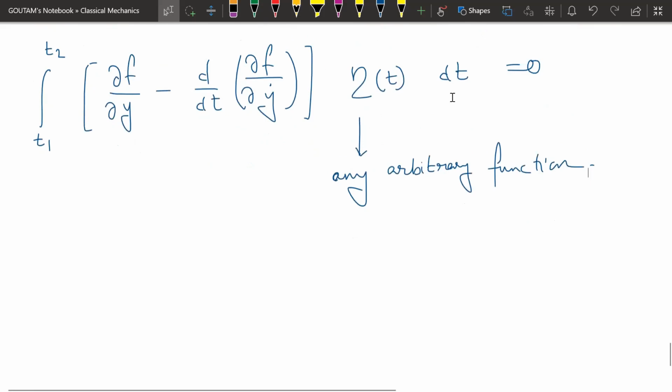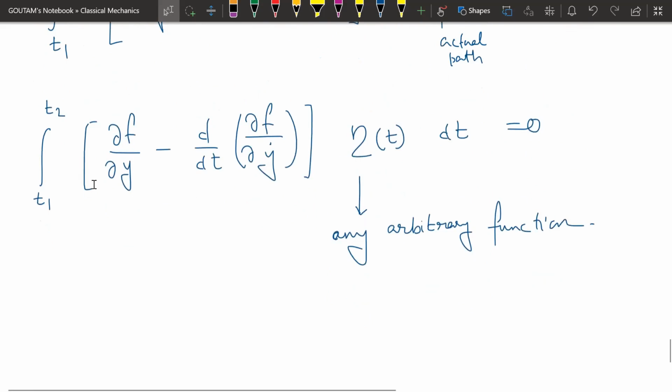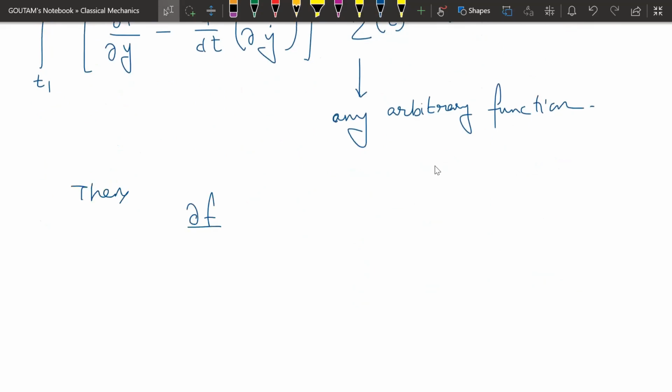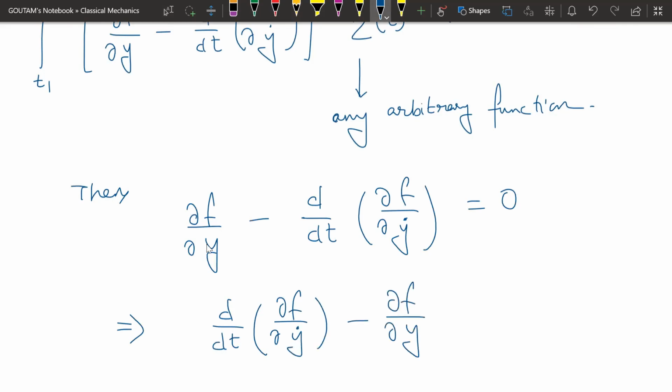Eta is a free arbitrary parameter, so the term inside this integral must be 0 to get the entire integral 0 for all values of eta. Then del f del y minus d/dt of del f del y dot must be 0. Or we can write d/dt of del f del y dot minus del f del y equals 0.